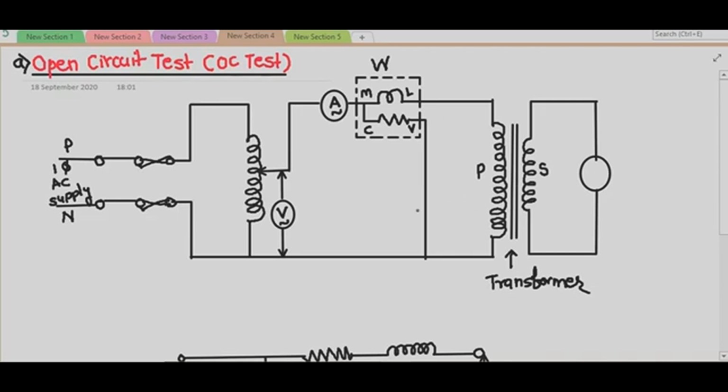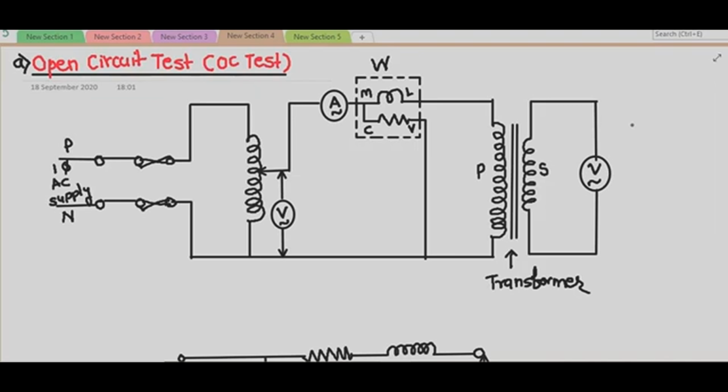However, if you have to determine the turns ratio of the transformer, then you have to connect one voltmeter across the secondary. So this is again one voltmeter. If you normally keep this secondary winding of the transformer open, then it is also okay. But if you have to determine the turns ratio, then we have to connect one voltmeter across the secondary, right?